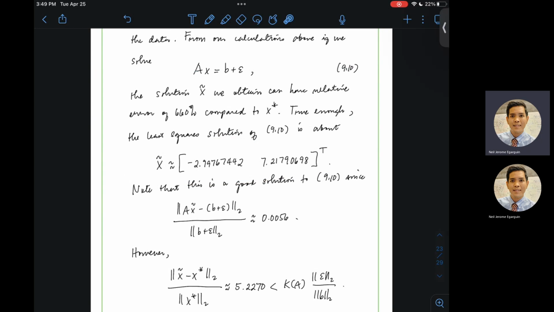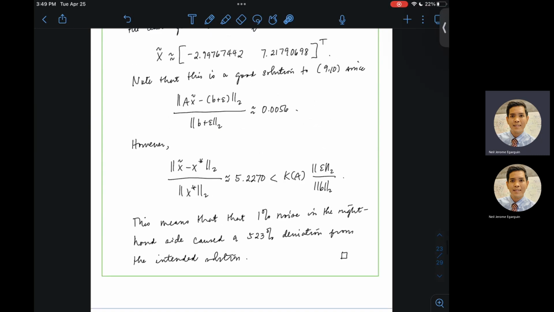In fact, how far is the noisy solution from the exact solution? You take the difference of the two solutions, take the norm of that vector, then divide it by the norm of the actual solution, and you'll get 5.227.